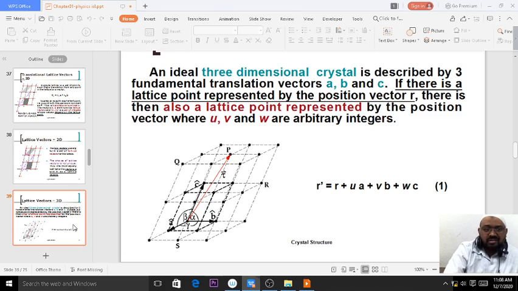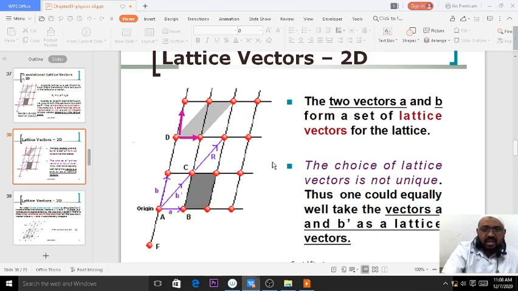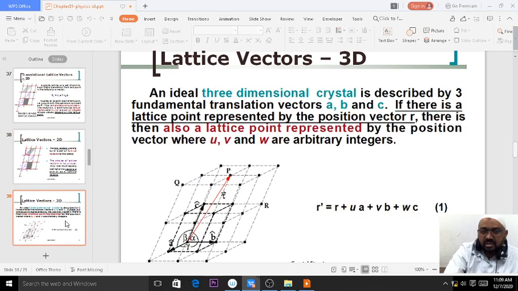See, this particular figure I'm talking about is lattice vectors 2-dimensionally. So what will happen in 3 dimensions? When I take 3 dimensions, if I join the points 3-dimensionally, definitely you will get a cube here. You can imagine that this particular figure is nothing but a cube.